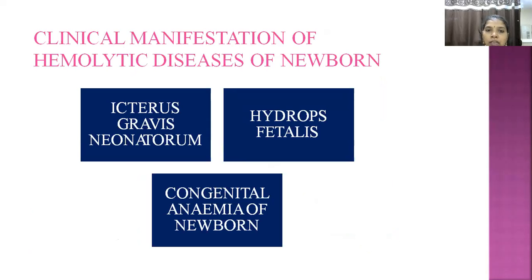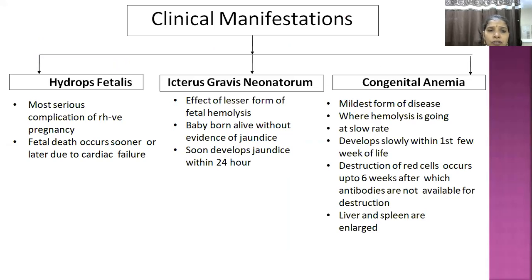These are the three. This is the spectrum. These are the clinical manifestations spectrum of hemolytic disease in Rh negative pregnancy and Rh positive babies. So the clinical manifestations we have discussed, this is the spectrum.